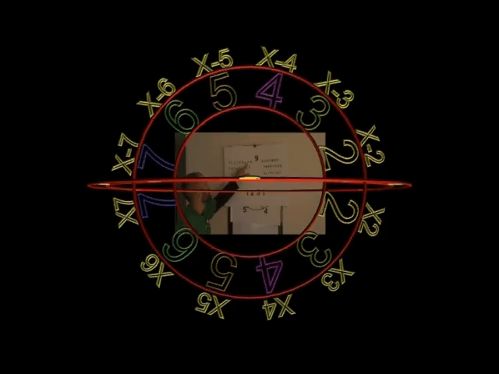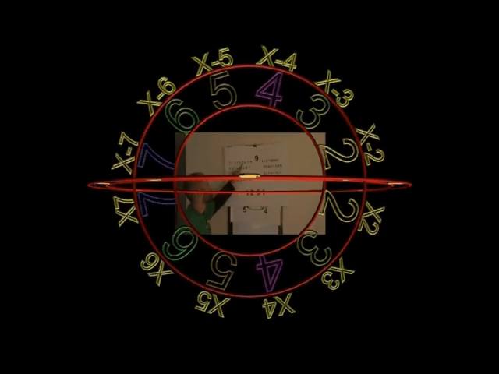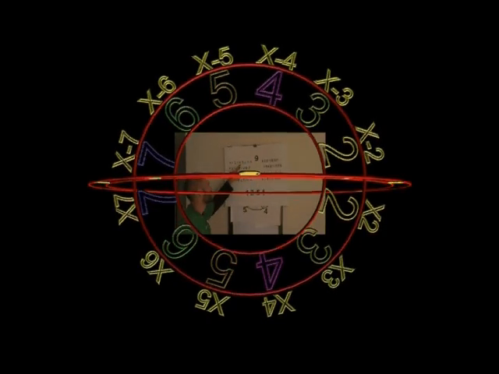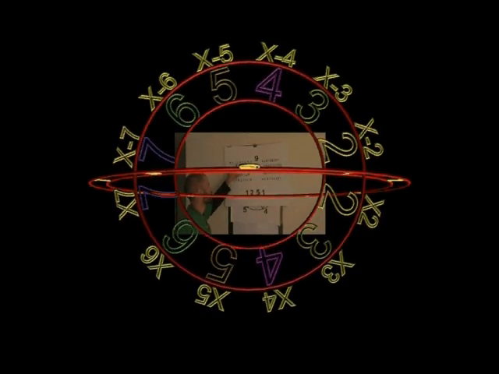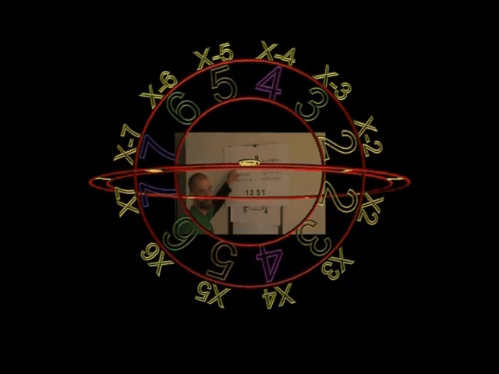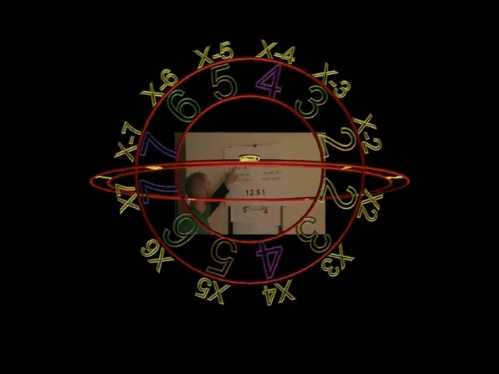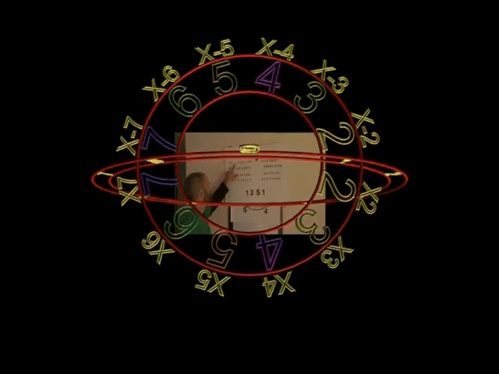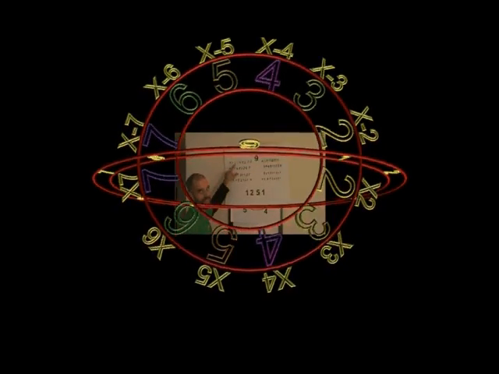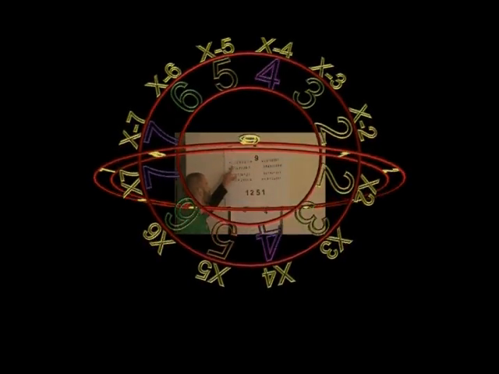Wait a minute, no. I said 8 times 1, 8 times 2, 8 times 3, 8 times 4 is 32. 8 times 5 is 40, which is 4. 8 times 6 is 48, which equals 12, which comes back to 3. 8 times 7 is 56. 5 plus 6 is 11, and 1 plus 1 is 2.